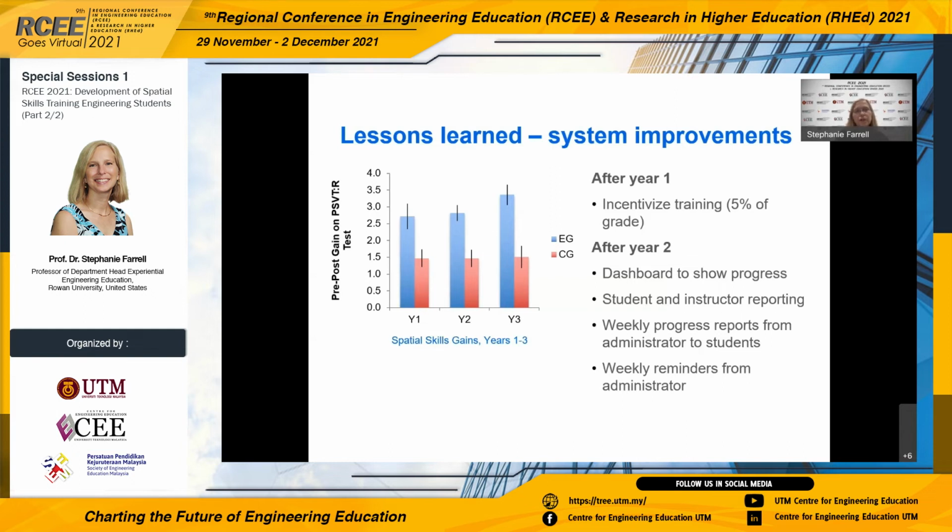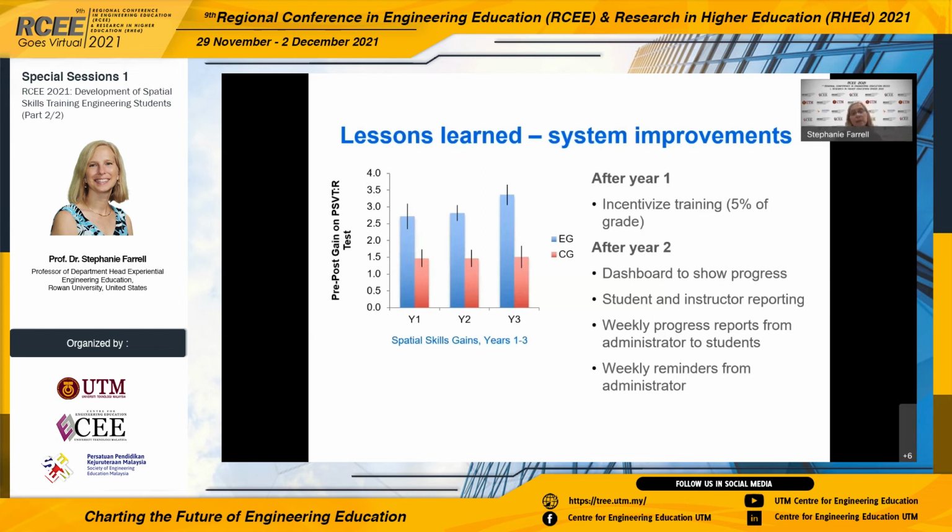After year 2, we made some changes to the spatial skills system, and these focus really on communicating with the students and letting the students check their progress in a variety of different ways. So we built a dashboard. We had student and instructor reporting, so they could pull their data from the training. We had weekly progress reports that are sent automatically by the administrator to students, as well as weekly reminders for what they should be working on next.